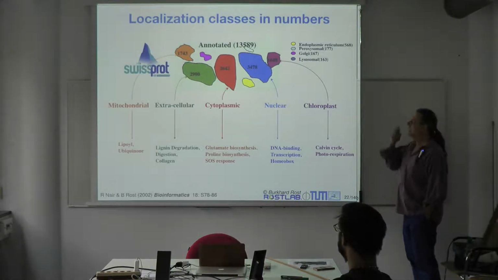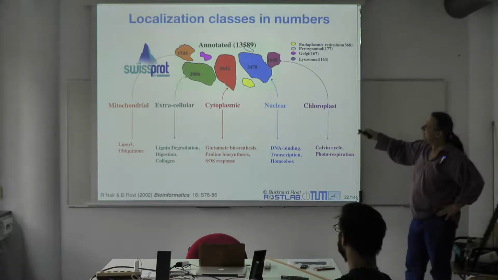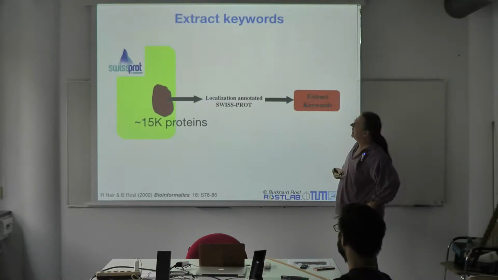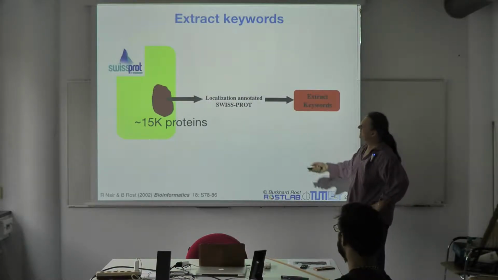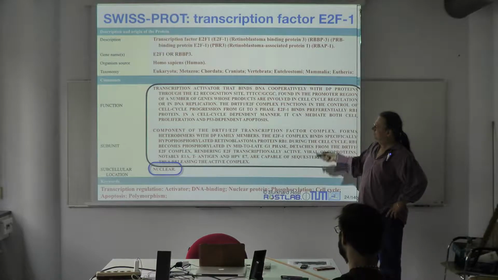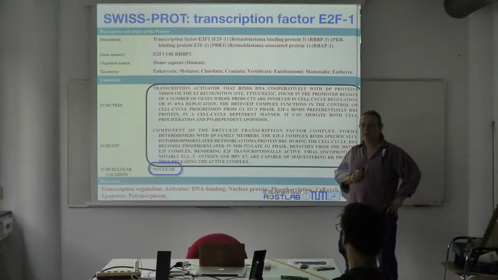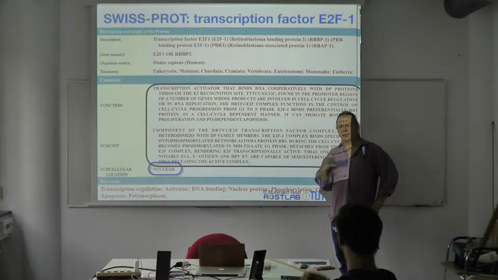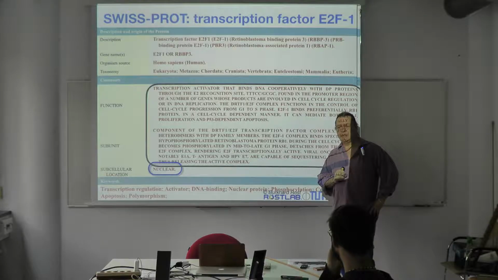The way to do that is, again, we begin with a data set of sub-cellular localizations that are annotated. From all of those, in this particular case there were 15,000, we extract all the keywords like this. So how would you do it? How would you develop a method? How would you turn this simple idea into a method?